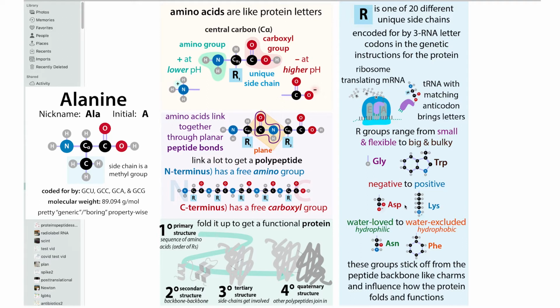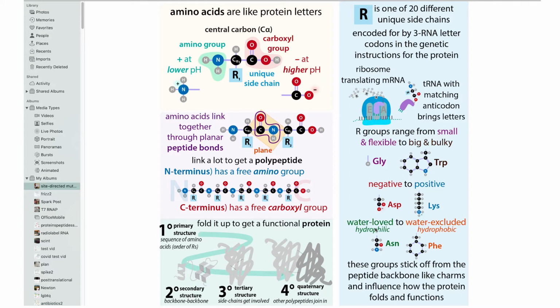When we want to make a change, say we were wondering if the charge is important, we wouldn't want to change this aspartate to alanine, because, well, we might, but if we wanted to see whether the charge was important, the best thing would be to change it to an asparagine, which is the same length or so.